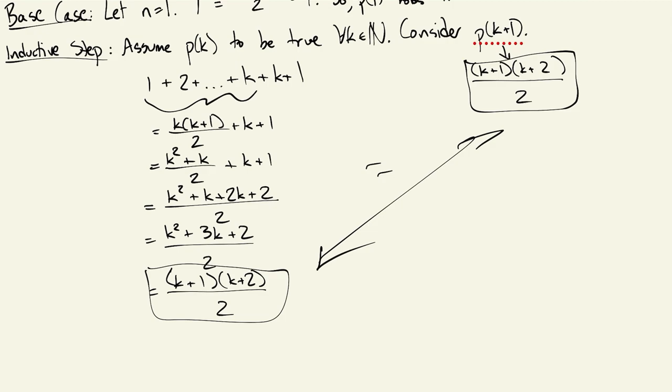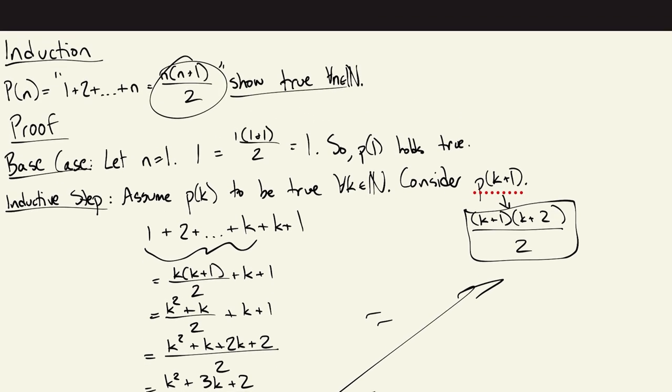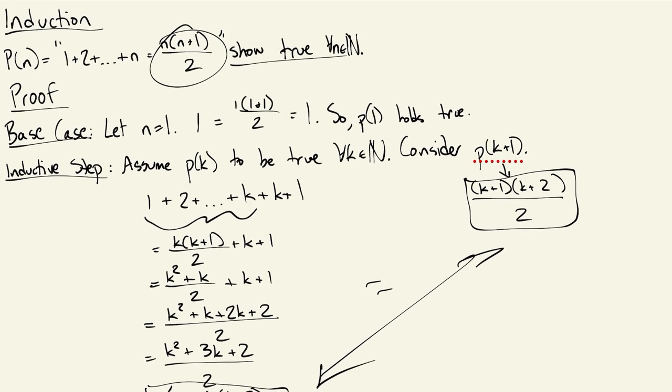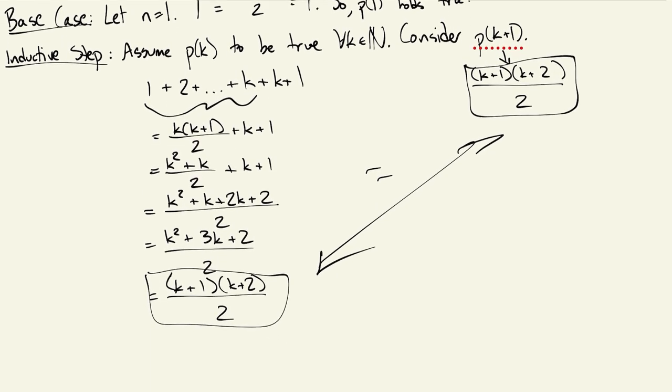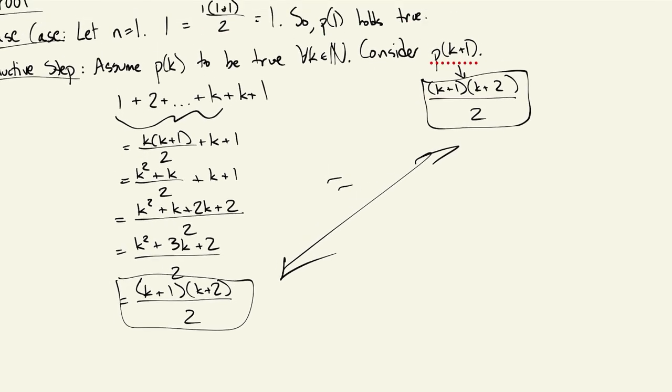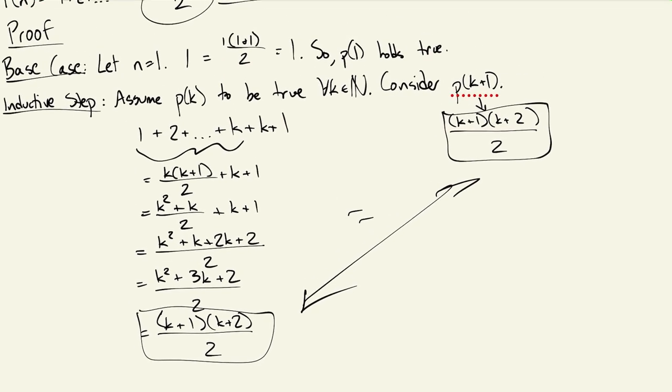And since we have shown from the step here that if we assume something to be true, then we can build the next term, we have something that's true, and then we can build the term after k plus 1 in the desired representation. So that's kind of what's going on here. And since we're starting at a case where it works, n equals 1, we can build it for the rest of the terms in the natural numbers.